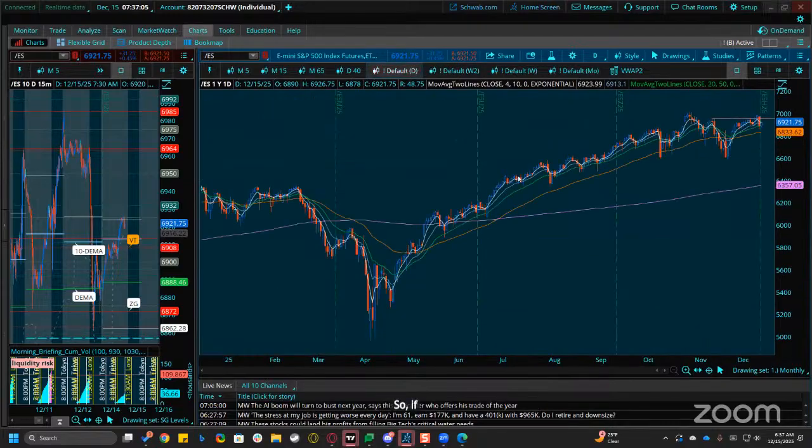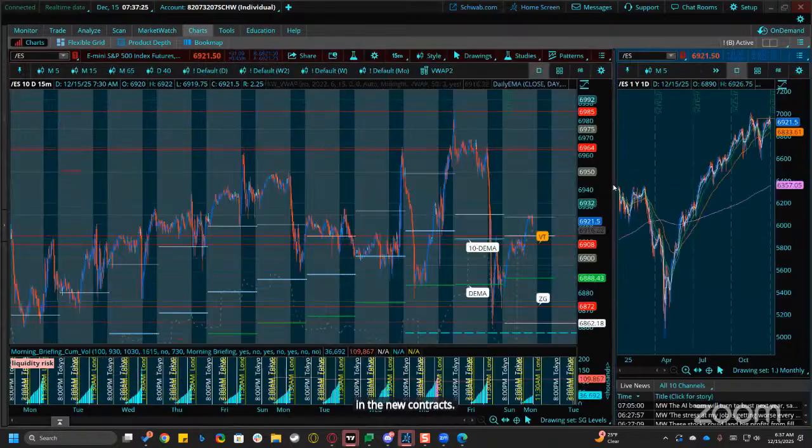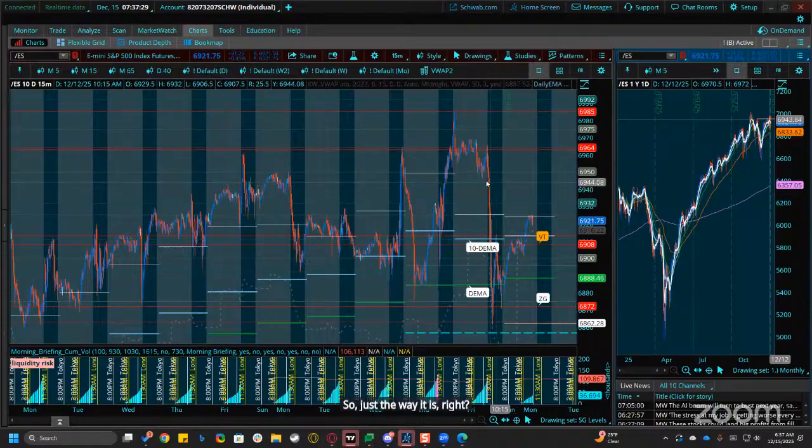So if I was to zoom this out a little bit and put the volume back on, you'll see that it's a consistent thing. At every contract change, you'll find that that happens, right? The open interest dips and then it comes back up again in the new contracts. So just the way it is, right? You kind of get used to it after a while.